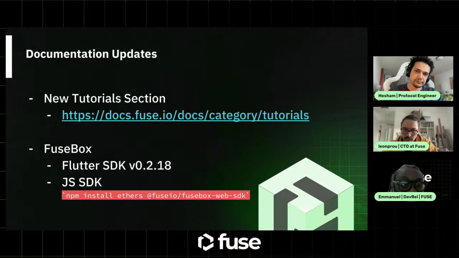A major highlight of that is the tutorial sections that we just added to the docs. Why is this important? The tutorial sections list a series of how-to guides and also guides on how you can integrate with the partners we currently list.